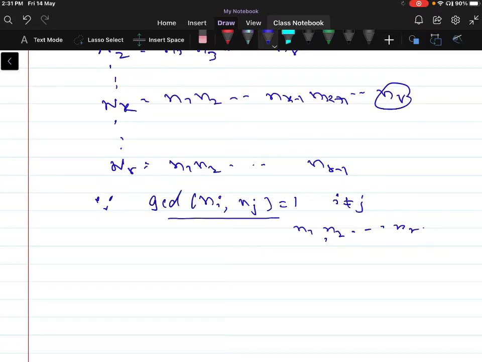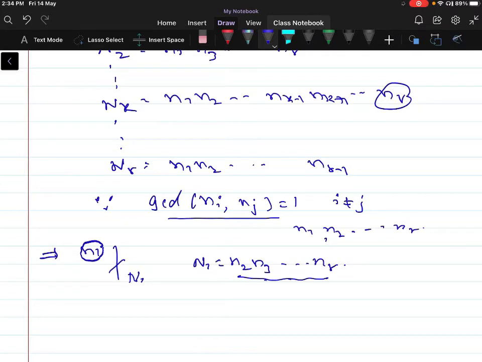to 1. Now this implies n1 does not divide capital N1, where capital N1 is n2 into n3 and so on into nr. Here the integer n1 is relatively co-prime with n2, n3 and so on nr. So capital N is a product of these integers.